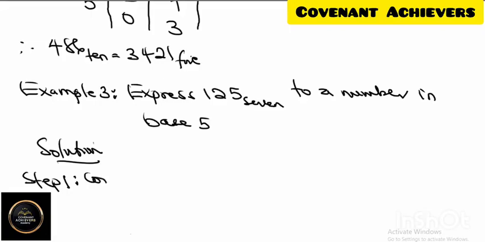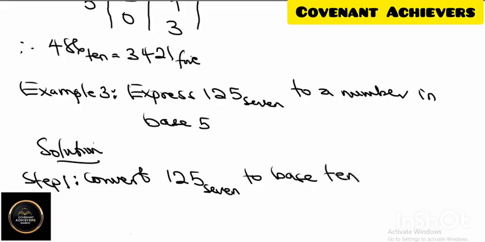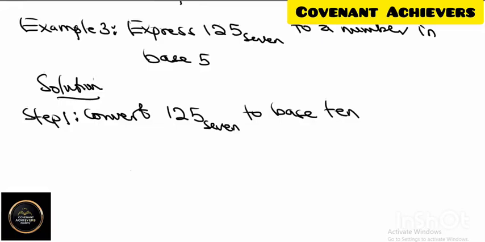Step 1, convert the 125 base 7 to base 10, and if you are doing that, we are going to have it as 1 times 7 squared plus 2 times 7 plus 5 times 7, with powers 2, 1 and 0.